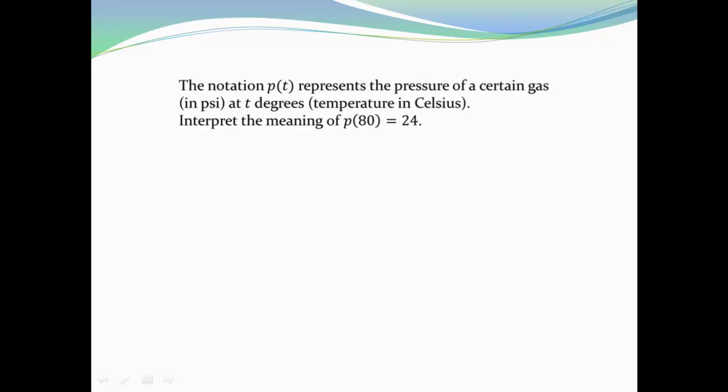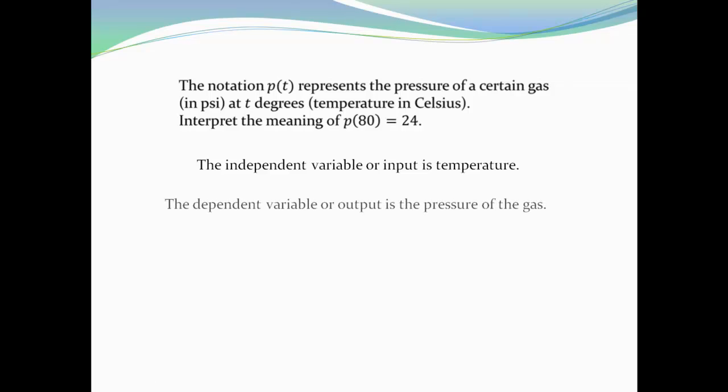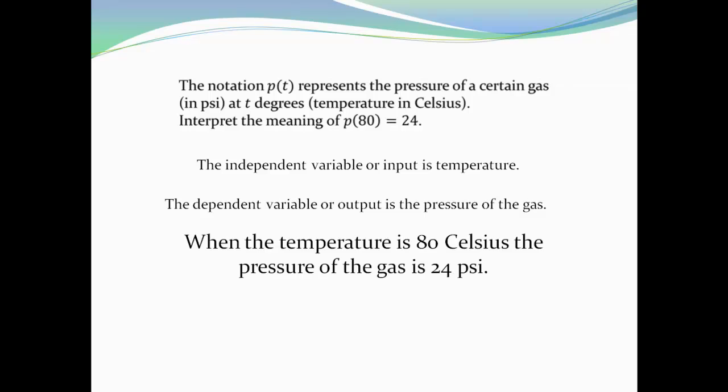First, we would need to identify what's our independent and what's our dependent variables. So here, the independent variable, or the input, is temperature. The dependent variable, or the output, is pressure. So we would interpret this by saying when the temperature is 80 degrees Celsius, the pressure of the gas is 24 psi.